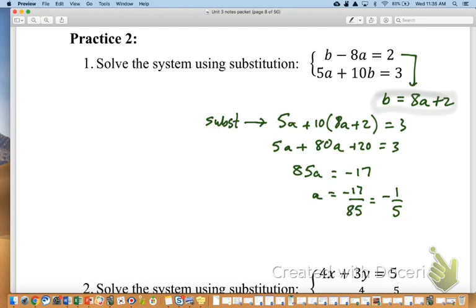Then, once you have that, in the other equation, notice, please, how I replace the b with the only thing that the b is equal to. So I took the b out of the game, and I replaced it with 8a plus 2. And I'm allowed to do that because I know that b and 8a plus 2 have the same value. You with me?